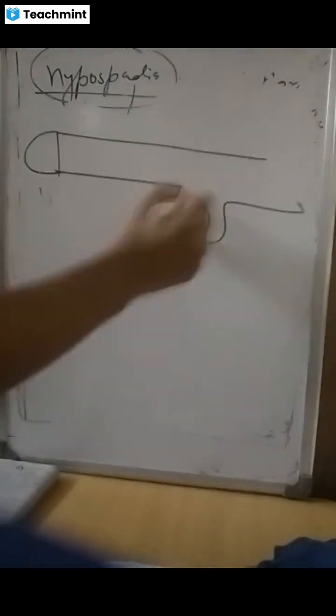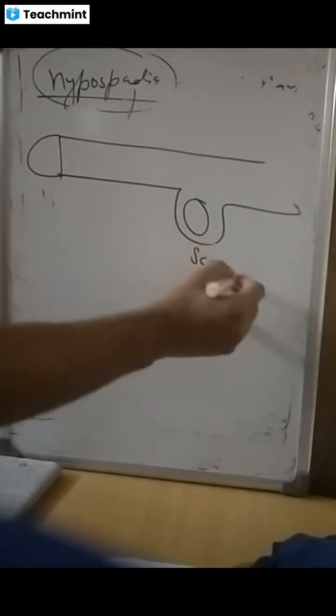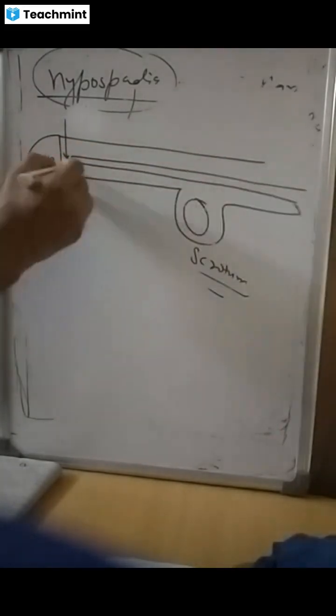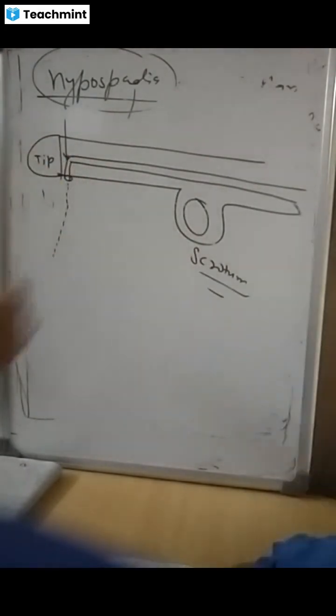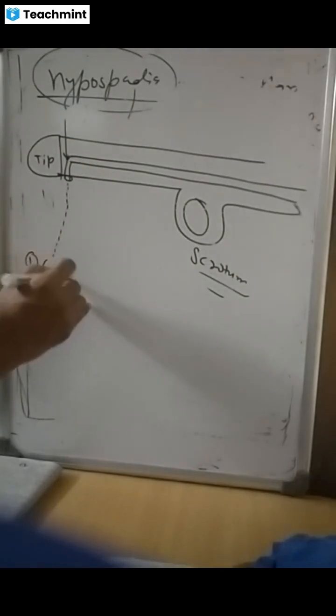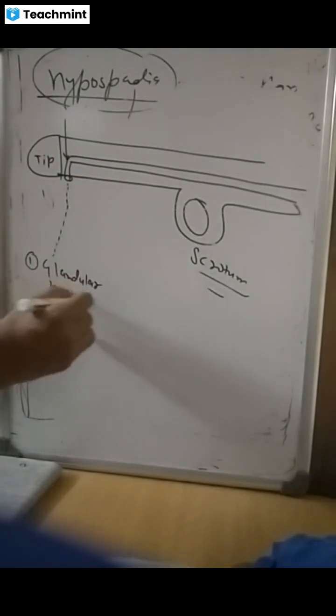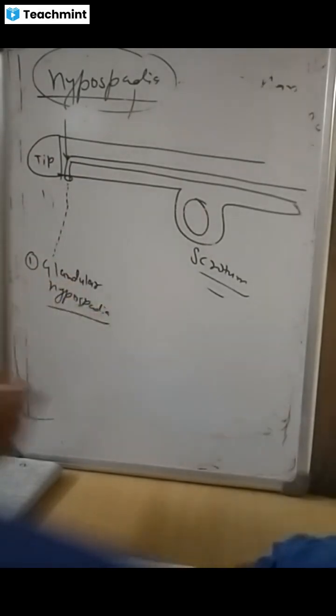What is the location? This is the scrotum. If I call it tip, near the tip, if the penile urethra opens here, this is called glandular hypospadias.